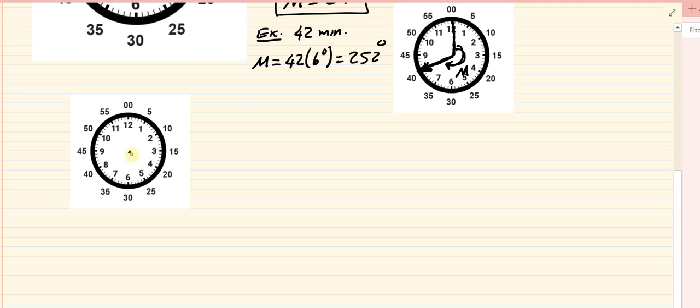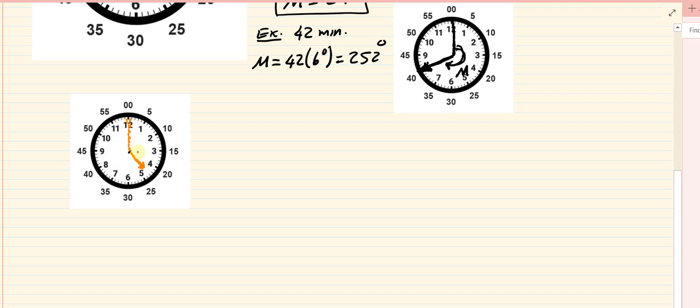So this is the hour hand. That's where it's going to be. Remember, it's not going to be at 4 because everything is moving. So 42 minutes into the hour, the hour hand has actually moved away from 4 o'clock. So how far has it traveled with respect to 12 o'clock? Remember, everything is measured with respect to 12 o'clock.